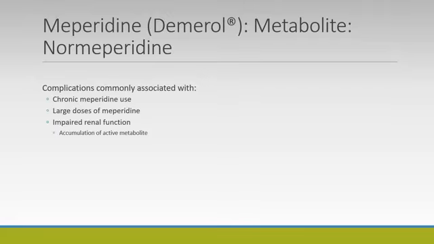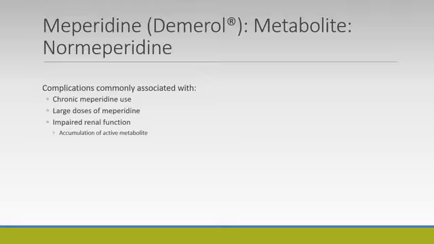Normeperidine is also associated with a couple different complications. We typically can see these complications if we're giving meperidine chronically. So if you're giving PO meperidine for postoperative pain, the increased dose, because of the increased duration, is likely to cause some sort of complications.